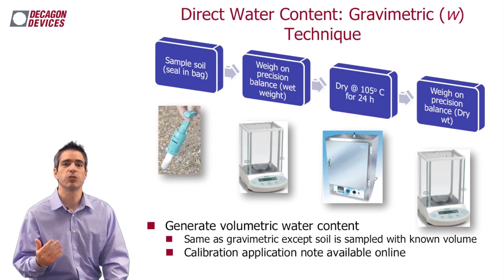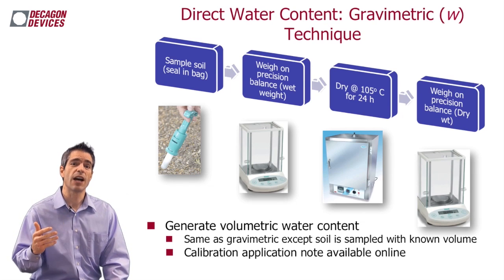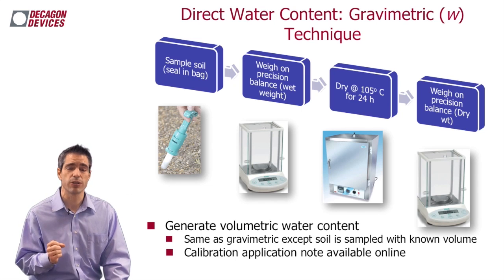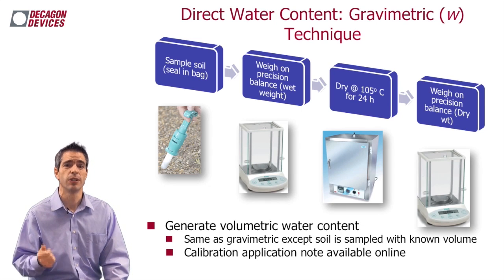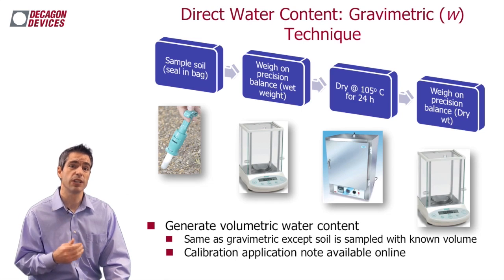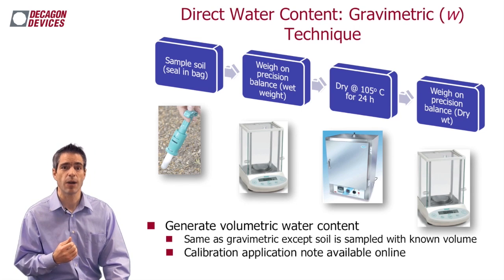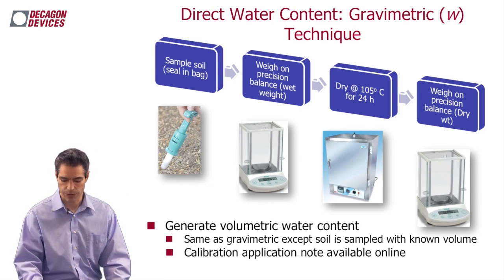Now, just as a general note, we are going to have to use this to calibrate all other techniques. And there are application notes online available. Certainly from our website at Decagon.com, you can go in and search for an application note on calibration, and you can actually get step-by-step instructions on how to do this.